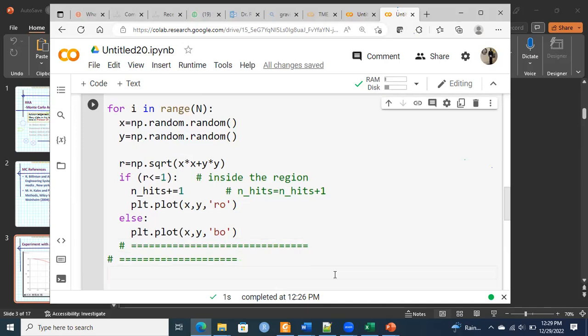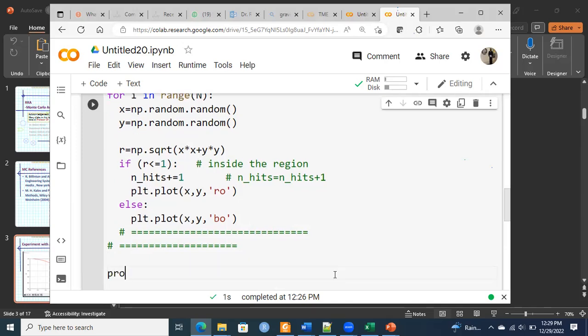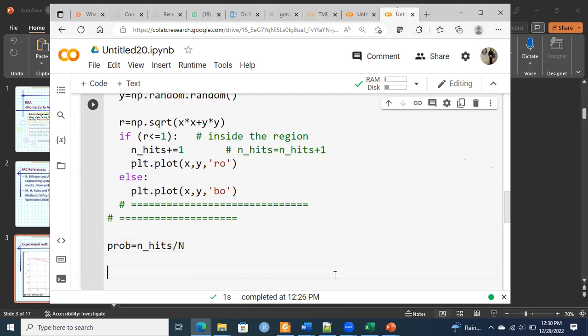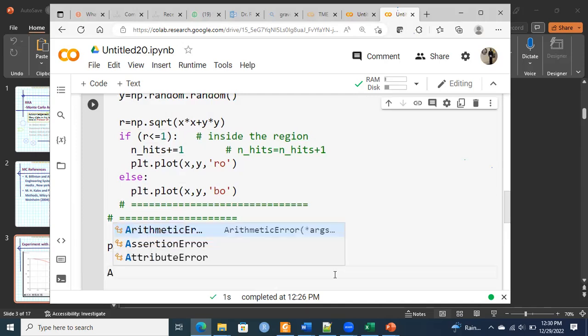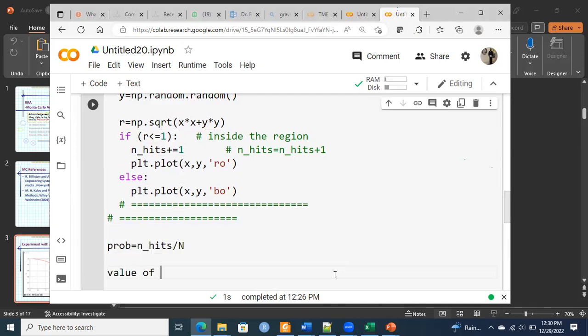So I first plotted the points and then I make a demarcation: the ones under the curve, and the others outside. After getting this, now let's compute the probability. Probability would be equal to n hits divided by total n. And the area, the way we compute it, the value of the unit circle is the value of pi.